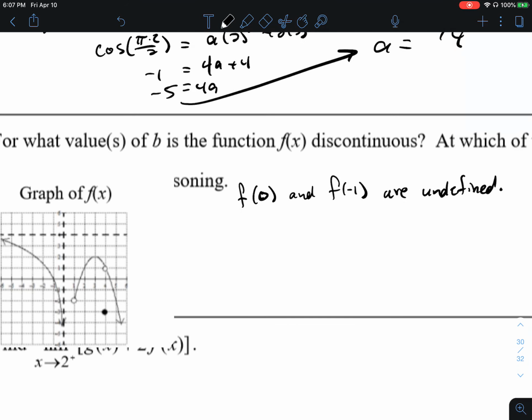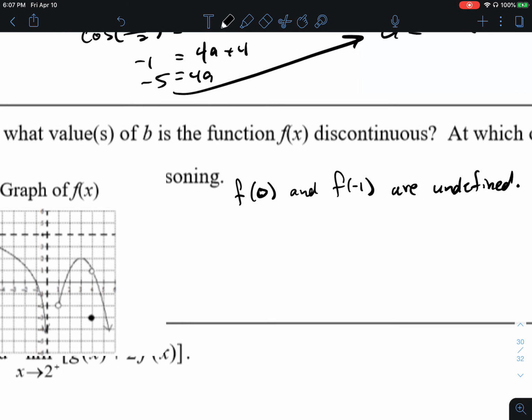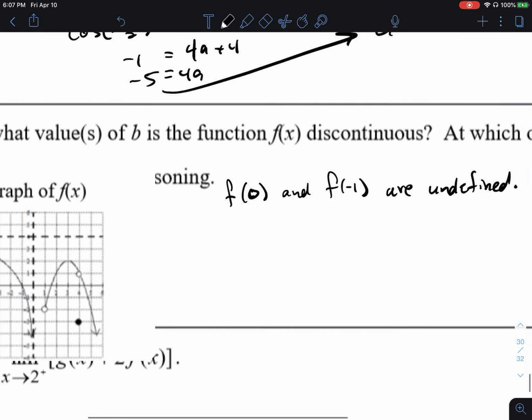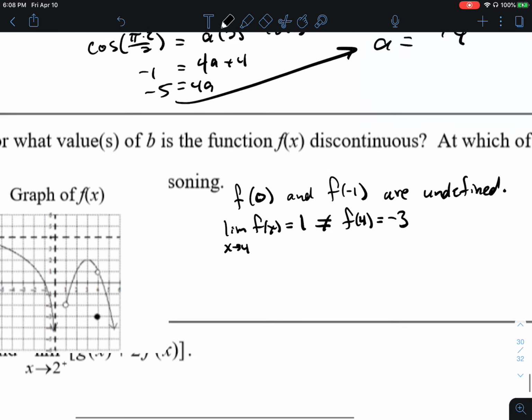And I could say at 4, well, let me say this. The limit as x approaches 4 of f of x is equal to 1, but that does not equal f of 4, because that equals -3.